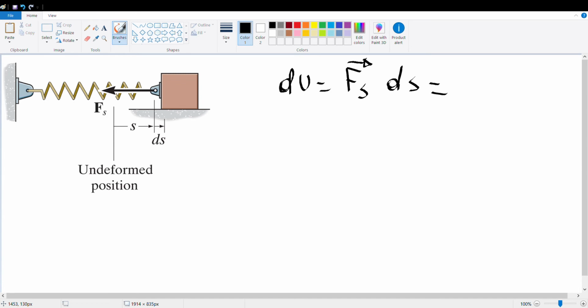In the picture I'm looking at, considering that I'm moving right of the undeformed position, the force is going to push left, so the force is going to be opposed to the displacement itself. Sorry, the displacement is also a vector, so there is a minus, and it's going to be the spring constant k, the position s times ds.